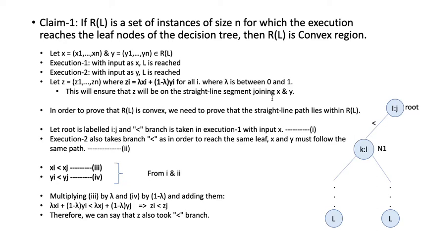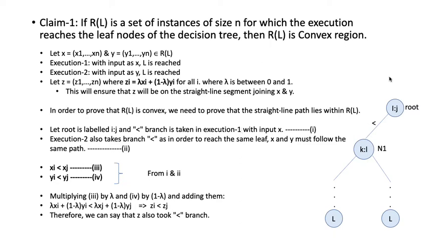Now in order to prove that R of L is convex, we need to prove that the straight line path lies within R of L. Let's assume that the root node is labeled as i colon j, that is, we are comparing the ith and jth elements here. Let's say a less than branch is taken in execution 1 with input x.